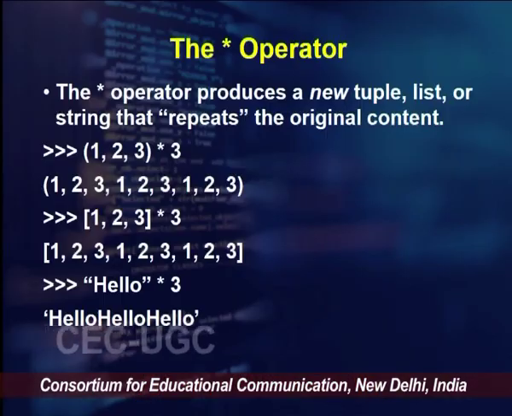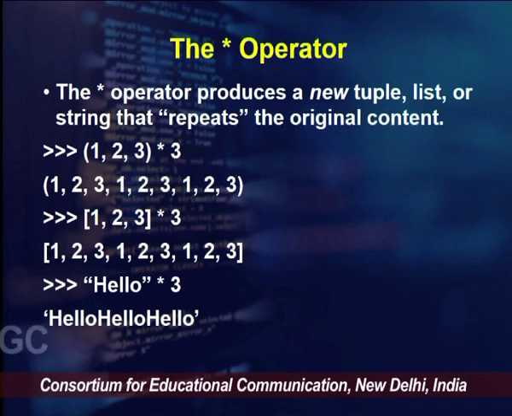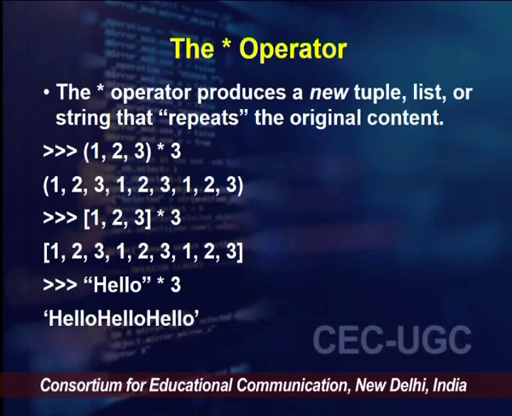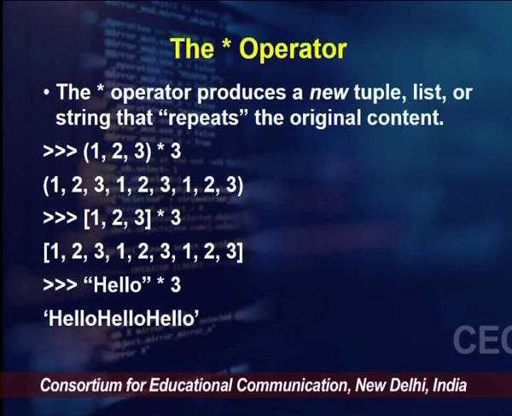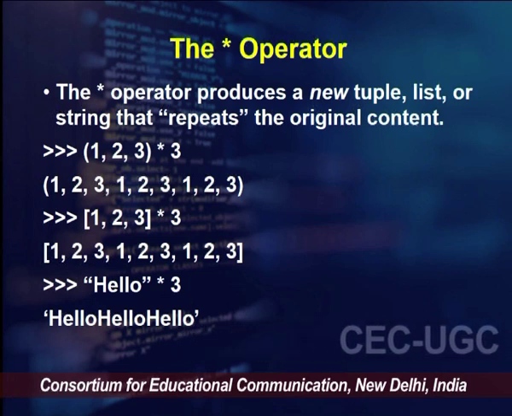For example, if you have a list 1, 2, 3 and you say star 3, it means you want to create 3 copies of this container. Likewise, it works for strings. If you say hello star 3, it will print the word 3 times. It is like a multiplier operator which creates more copies of that particular object.